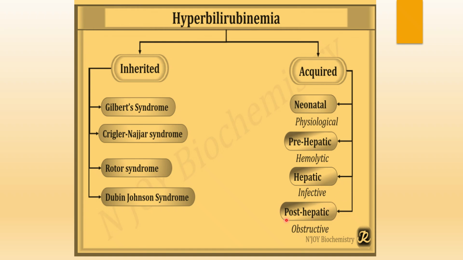So there is a diagnostic importance of urobilinogen in obstructive jaundice. Due to the obstruction, the conjugated bilirubin is not able to reach the gastrointestinal tract.